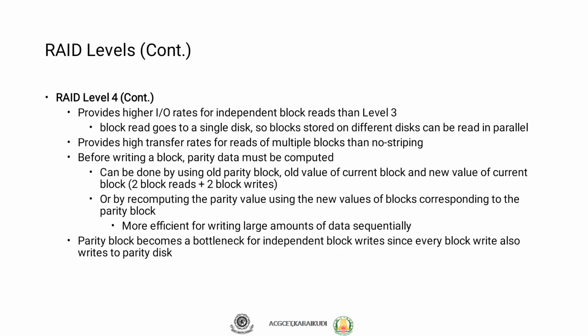The advantages of RAID level 4 is fast read operations, low storage overhead, and simultaneous IO requests. The disadvantages: slow write performance, redundancy is lost if the parity disk fails, and a bottleneck having a big effect on overall performance.